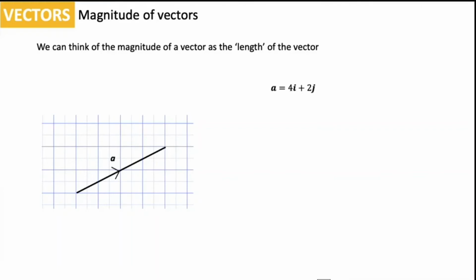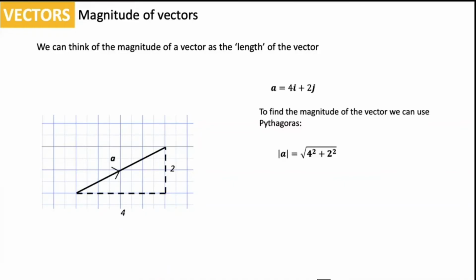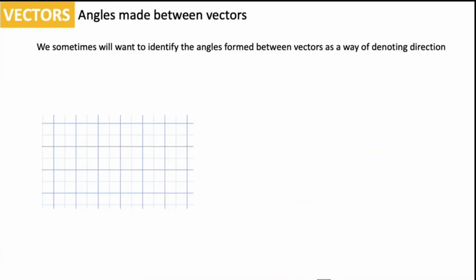Immediately, when we say we're looking for the length A, we should be thinking of Pythagoras. We can use some Pythagoras to find the unknown length A, to find the magnitude of this vector. We write these bars, these modulus bars, to show we're finding the magnitude of the vector A. From that, we can just process the Pythagoras, and we get root 20, which simplifies to 2 root 5. The magnitude of this vector is 2 root 5.